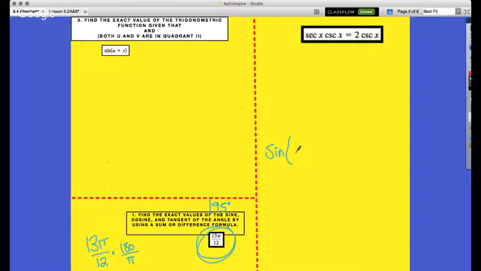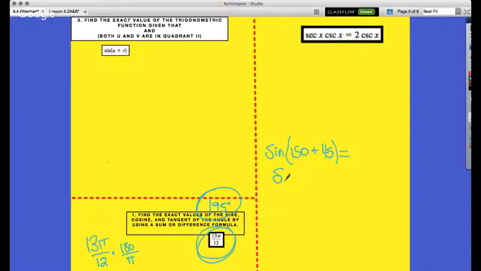You could piece it together however you want to, but I'm going to do 150 and 45, because both of these angles must be on my unit circle to actually use. The point is that 195 is not on my unit circle, so I can't use it. So I need two angles that add to equal 195. So that's 150 plus 45.